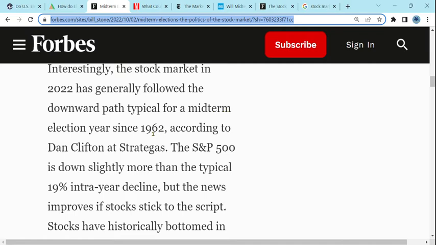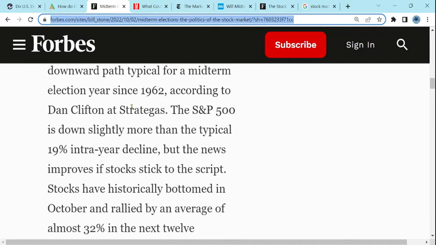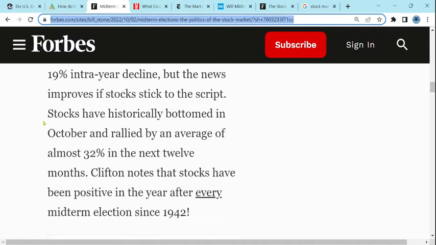which was a typical path for a midterm election year since 1962. They say stocks have historically bottomed in October and rallied by an average of almost 32% over the next 12 months.